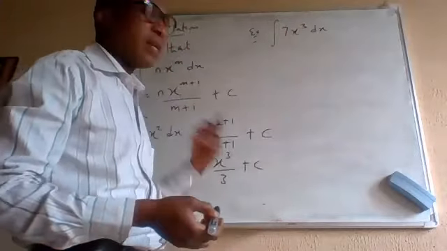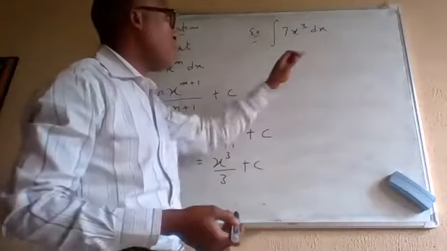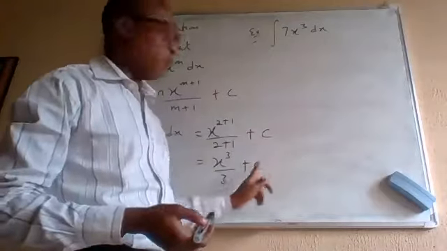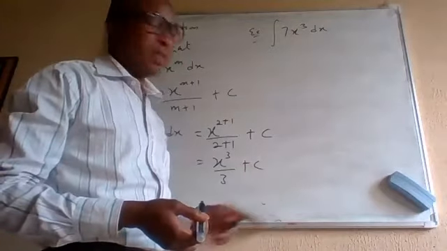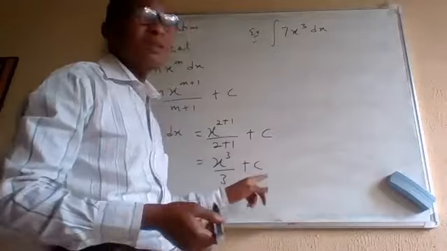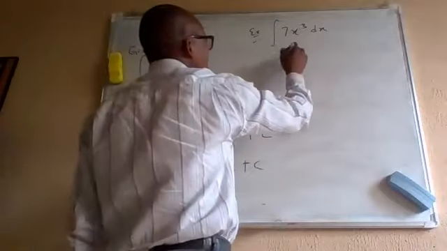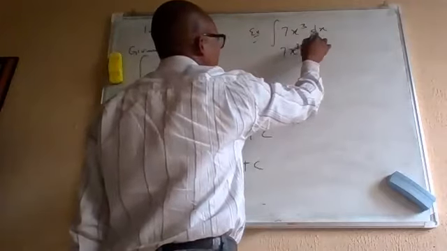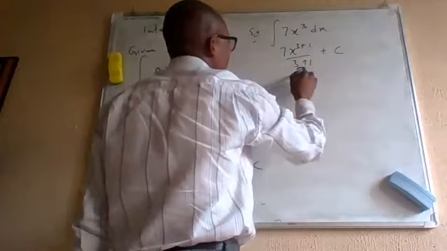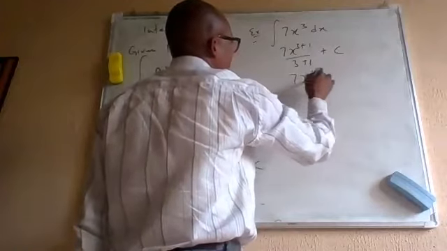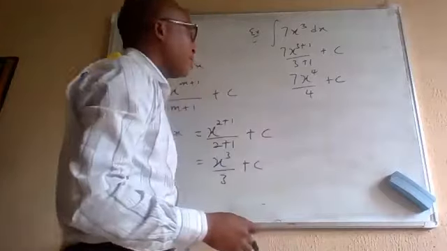And at any time you carry out the integration, at any time you add 1 to the power and use it to divide, you are meant to put plus c. If you don't put plus c, then your answer is not complete. This plus c is very important when it comes to integration. So this will be 7s raised to power 3 plus 1 over 3 plus 1, then plus c. So this can be 7s raised to power 4 over 4, then plus c. That is the integration for that.